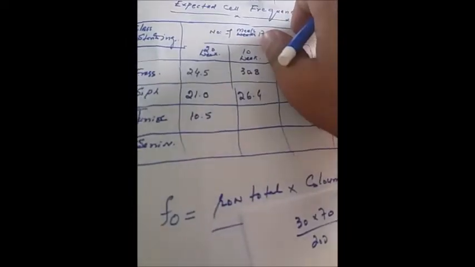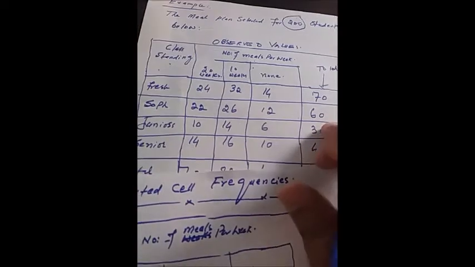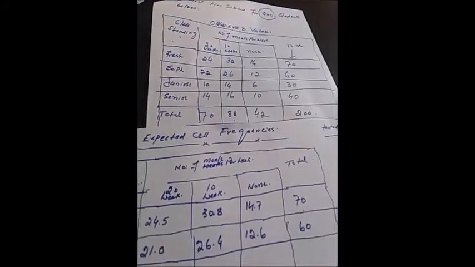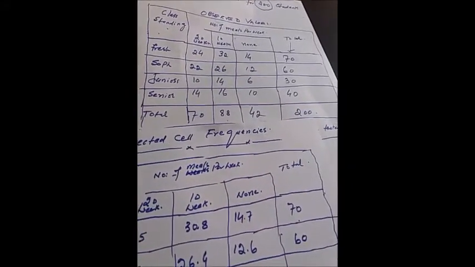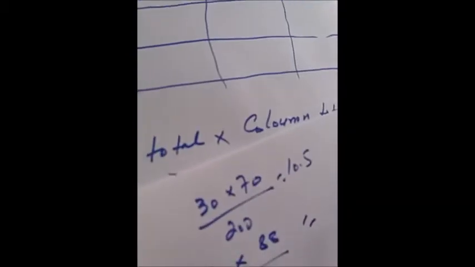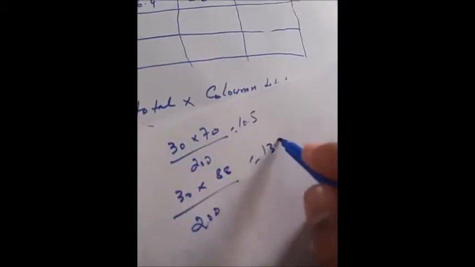Now 30 multiply the 10 weeks total column 88, 30 multiply 88 divided by 200, which is equal to 13.2.